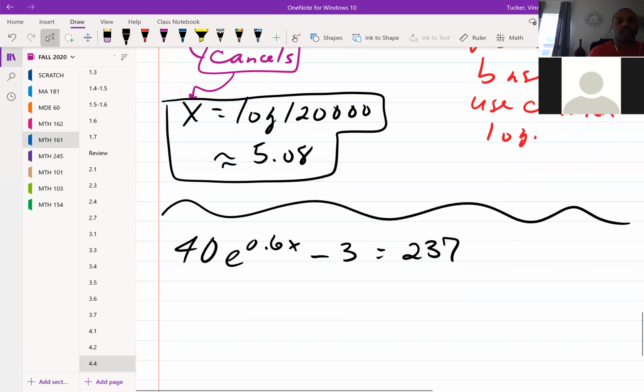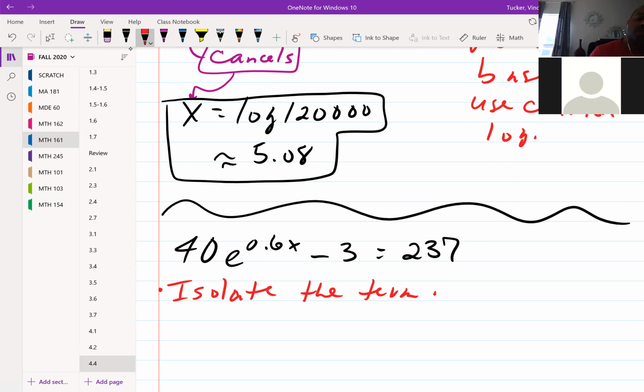All right, next one, we have 40 e to the 0.6x minus 3 equal to 237. So first thing we want to do is isolate the term with x as an exponent.